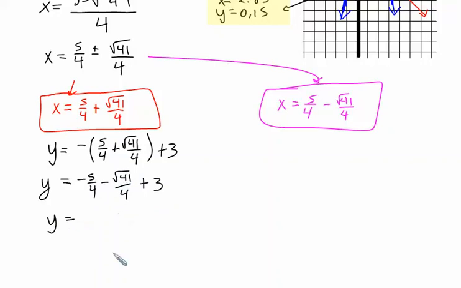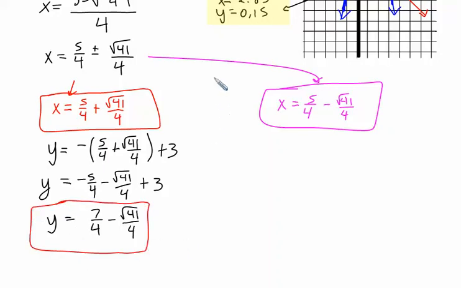Notice that that radical 41 fourths is not something that we can simplify, but we can combine the negative 5 fourths with the 3. 3 is really 12 fourths. 12 minus 5 is 7 fourths. So it should be 7 fourths minus radical 41 over 4. You could verify that on your calculator if you would like, but here's the one combination for x and y.